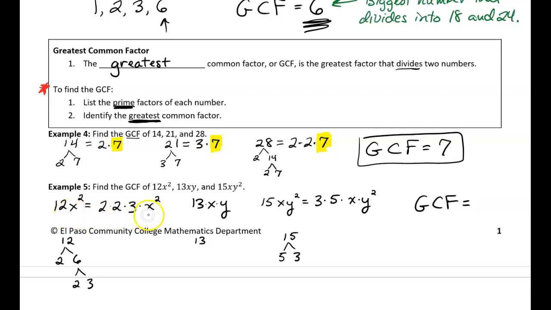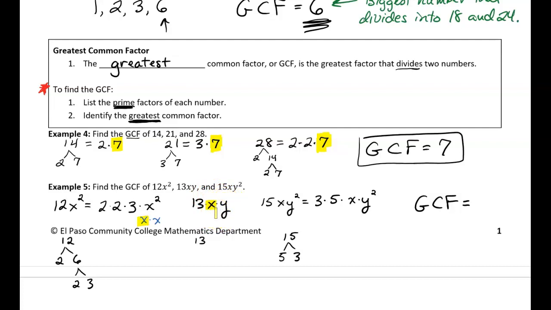So in my first term here, I have an x squared. So that's like saying I have x times x. Then in my second term, I have x times y. So the first one didn't have a y, but they do both have an x. So I'm thinking maybe x is what they have in common. Just one of these, because the second term only has one x.